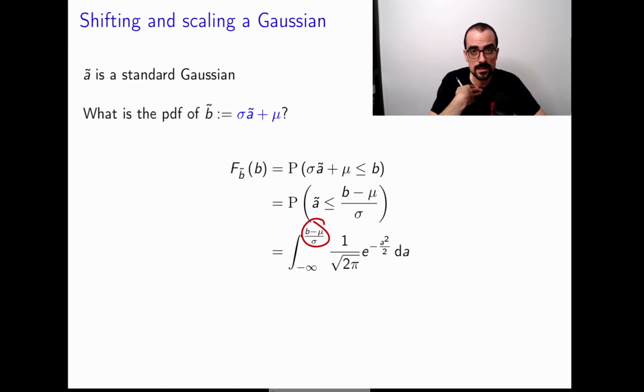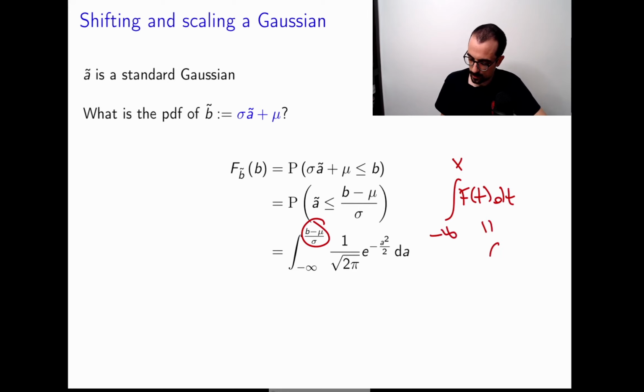I have an expression for the CDF. What I really want is the PDF. So I differentiate with respect to this. Remember that when we differentiate a function like this with respect to x, this is just equal to f of x. Let's call this g. This is just equal to g of x.